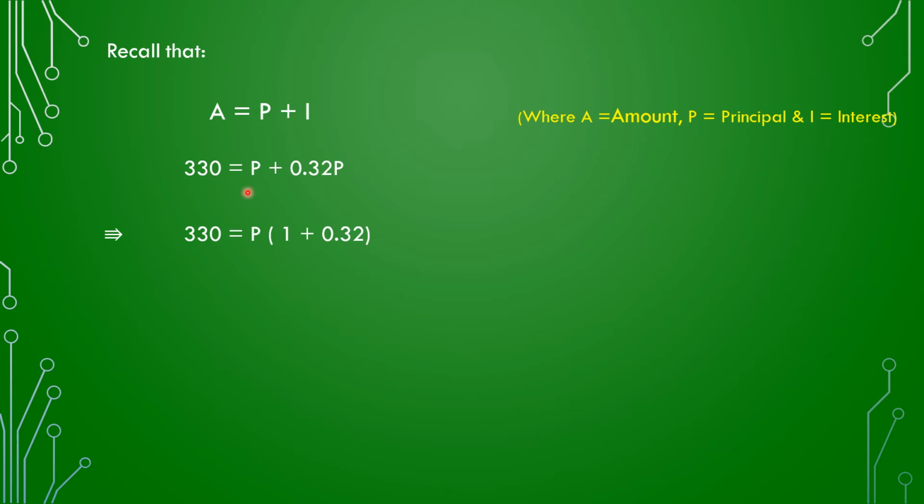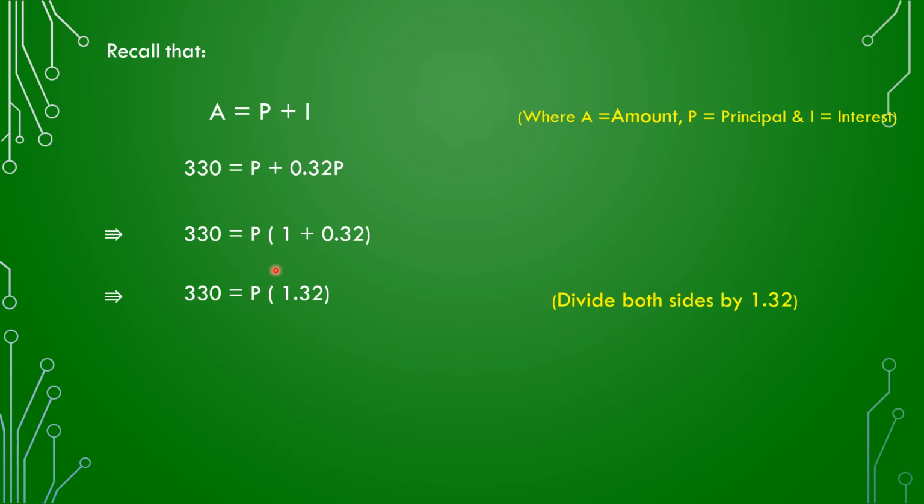P times 1 is P, and P times 0.32 is 0.32P. The plus still remains constant. So these two equations are the same. Going further, we have that 330 is equal to P, bracket open, 1.32, bracket close. 1 plus 0.32 is 1.32. Don't be confused.